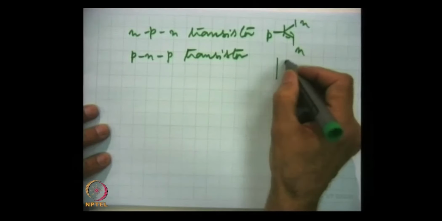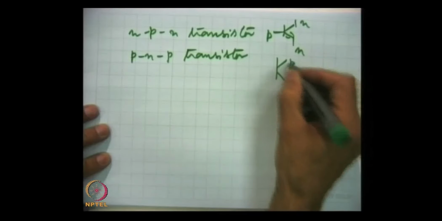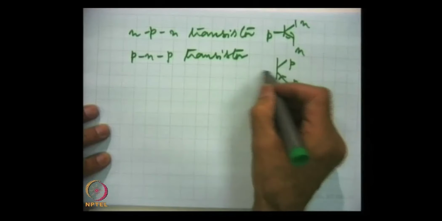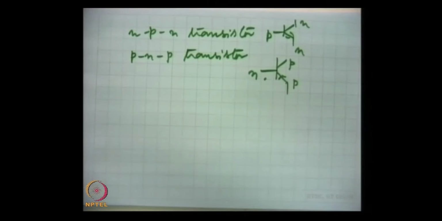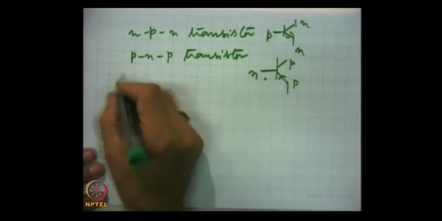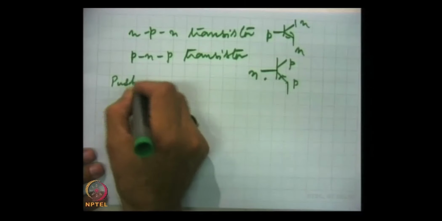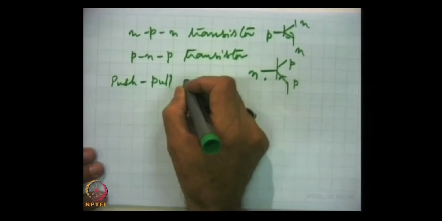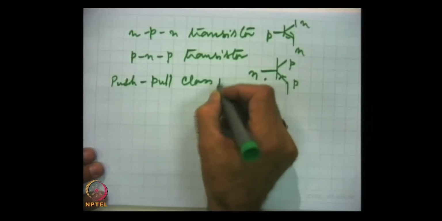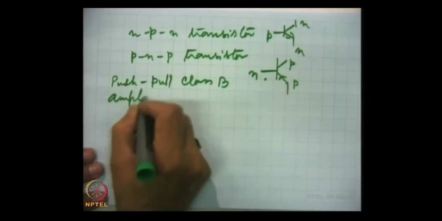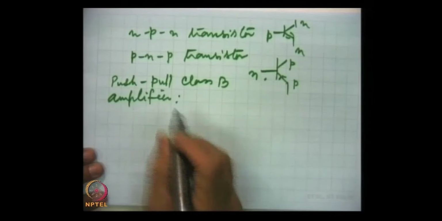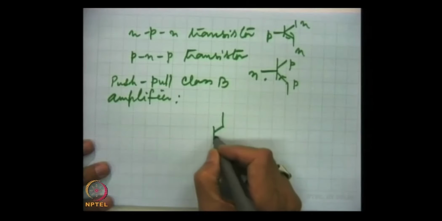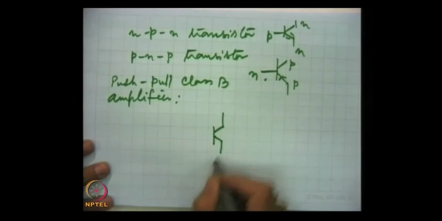This is P, this is P, this is N. So, they are connected in what is called a push-pull connection, a very special connection, a push-pull class B amplifier, and this is a simplified form. Actual forms we will draw a little later.